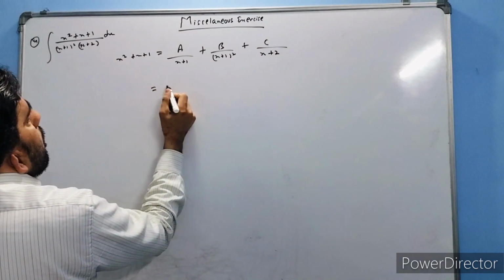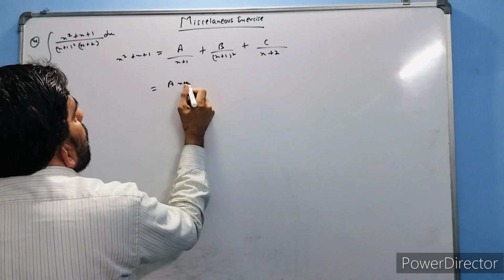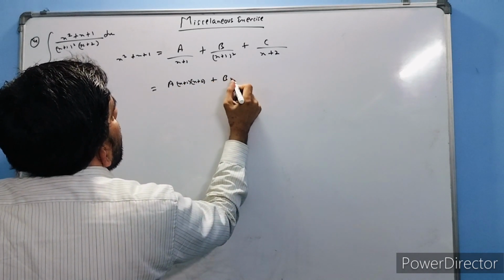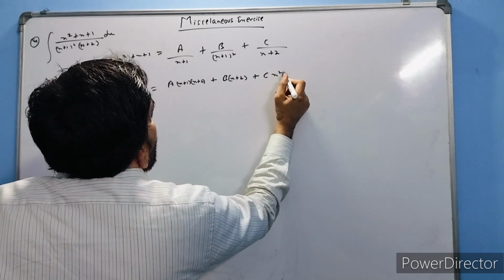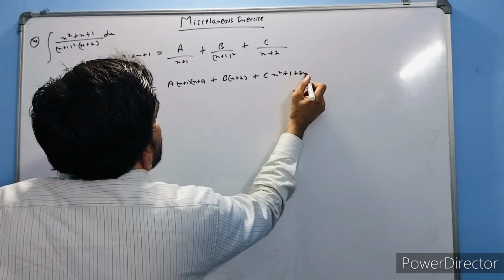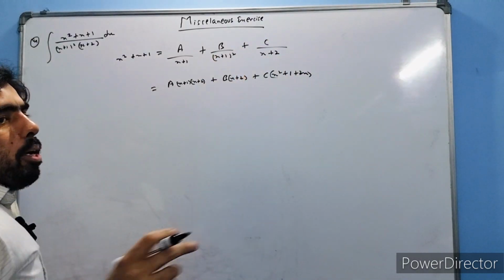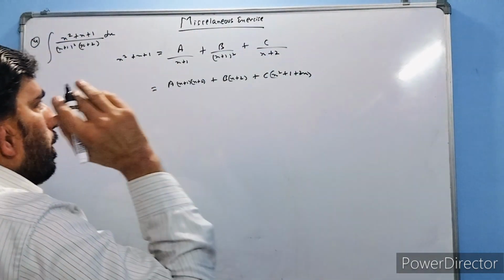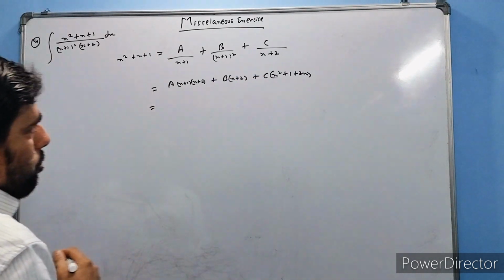So we'll get a times x plus 1 times x plus 2, plus b times x plus 2, plus c times x square plus 1 plus 2x, because here I have opened the square formula, a plus b whole square, which is a square plus b square plus 2ab, so I have applied this. Okay, so now I have this.